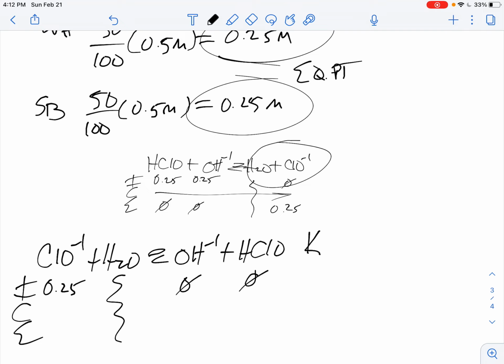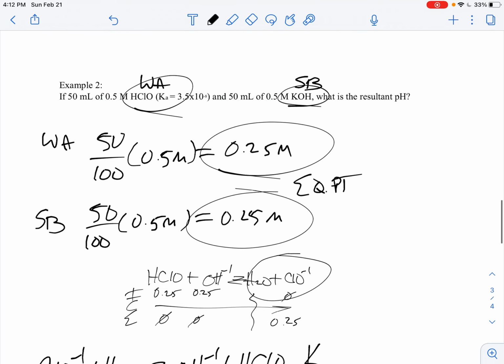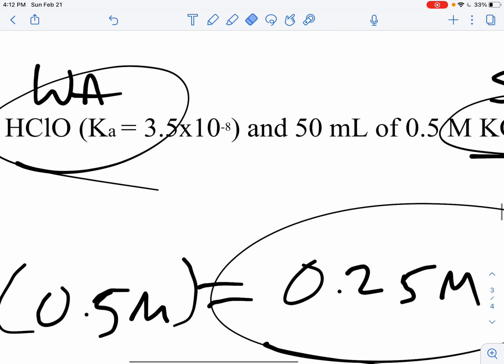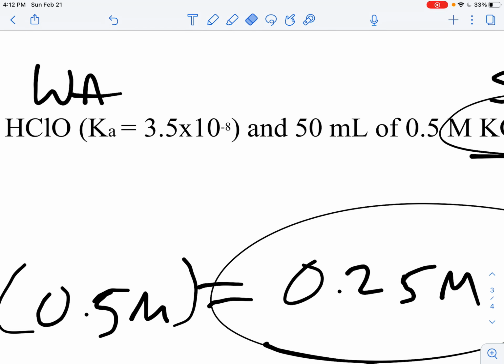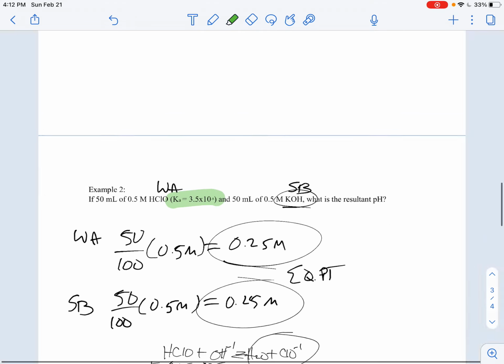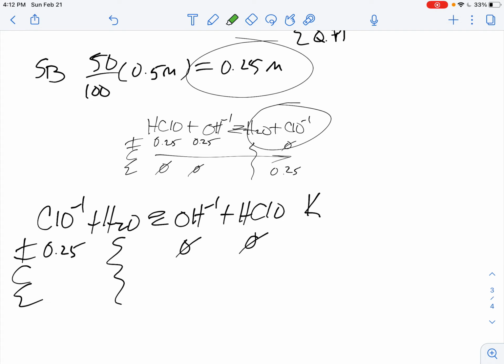And what I need now is a K for this. Don't forget, you were given Ka of your acid, that's here, 3.5 times 10 to the negative 8th, but you don't have Ka now. This is Kb. So this is the basic version of the system. So you're going to have to take 1 times 10 to the negative 14th and divide it by 3.5 times 10 to the negative 8th.